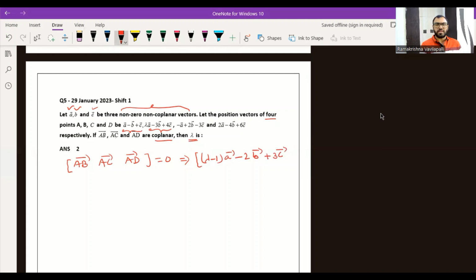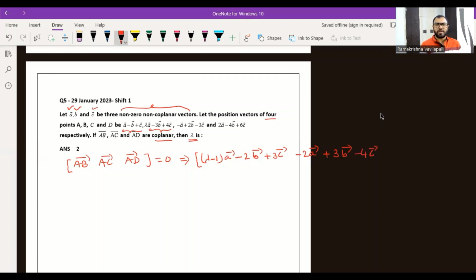So this is one vector. And next, what is the AC bar vector? Here minus A bar, minus 2A bar, 2B bar minus of minus, plus 3B bar, minus 3C bar plus minus C bar, minus 4C bar.